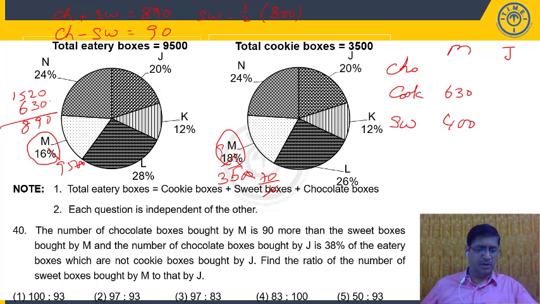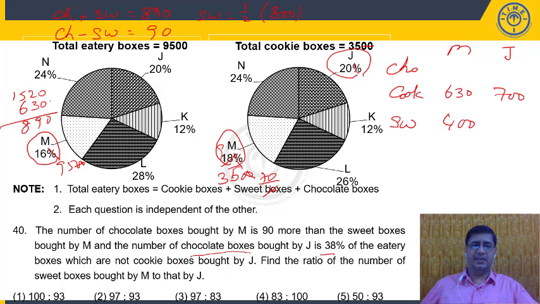What is the second point given in this one? The cookies in J, if you observe, 20%. 20% of 3500, percentage and zeros get cancelled. So cookies is 700. Okay, what is the next part? The number of chocolate boxes is 38% of the eatery boxes which are not cookies.